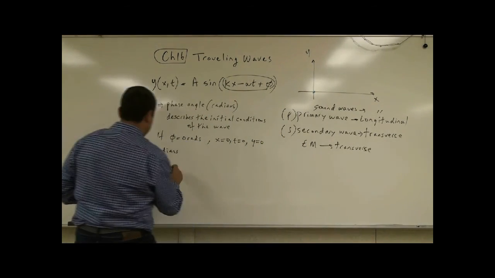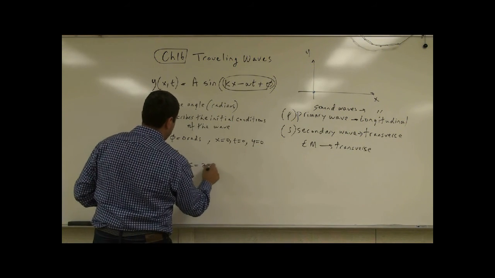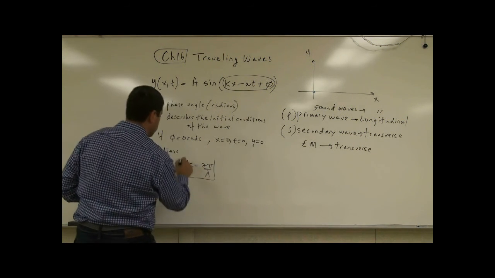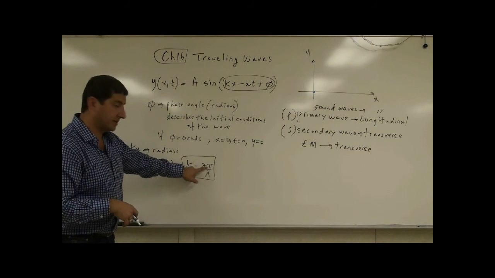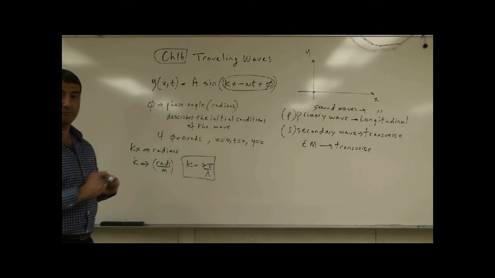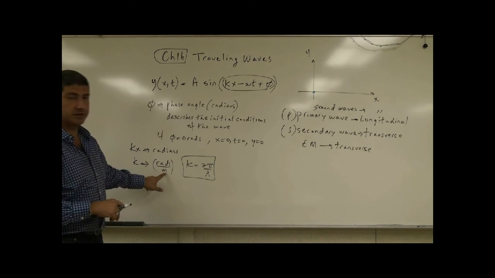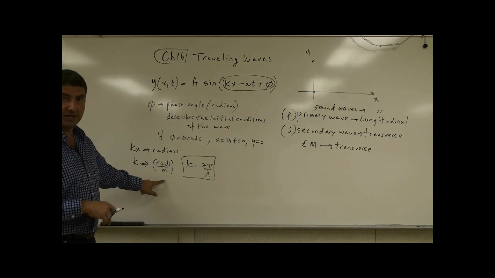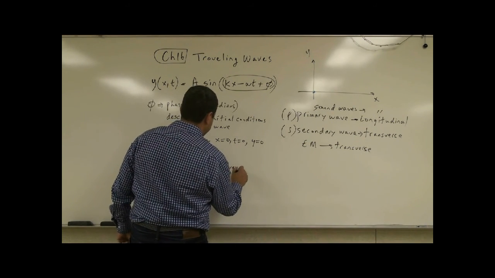So its units are rads per meter, and k is 2 pi over the wavelength. Later I'll show you that this actually makes sense. 2 pi stands for radians, and the wavelength of the wave is the distance from peak to peak. This is meters, so rads per meter. So in terms of units, it works out. So k is known as the wave number.